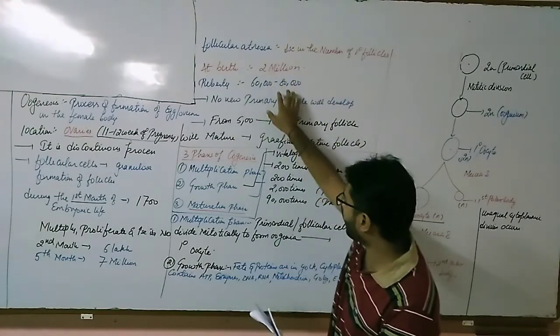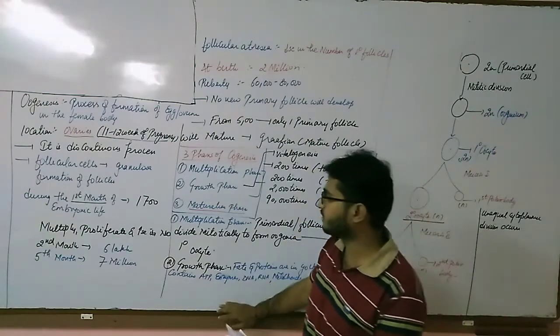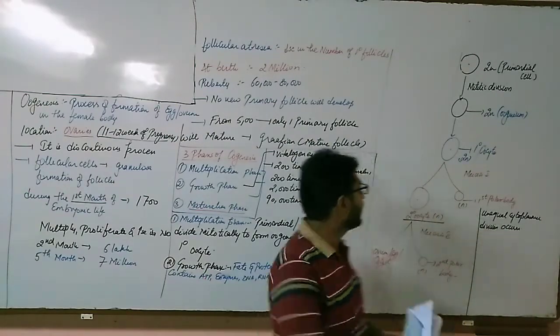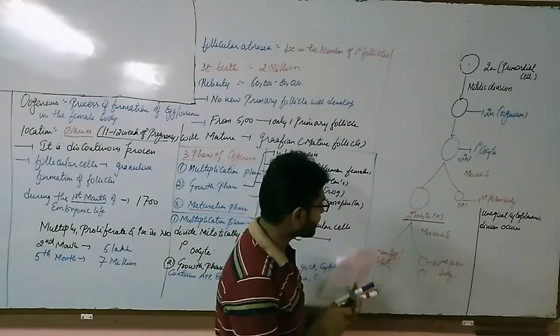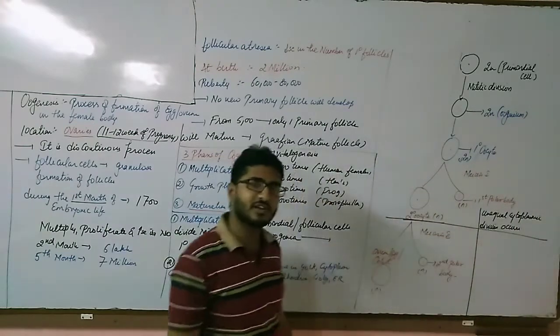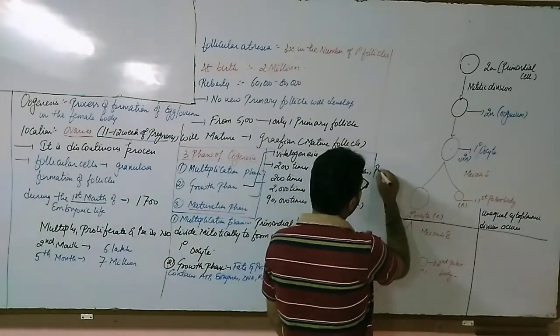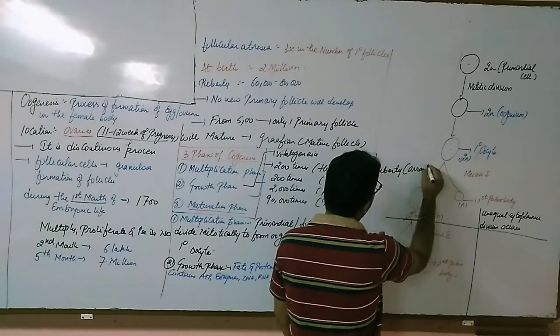At birth, all these phases, that is the multiplication phase and the growth phase, take place till birth. Then, when the primary oocyte is converted into secondary oocyte, this development takes place till puberty. Now, at puberty, this process is arrested.